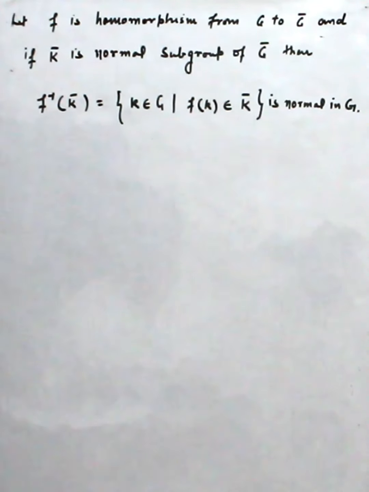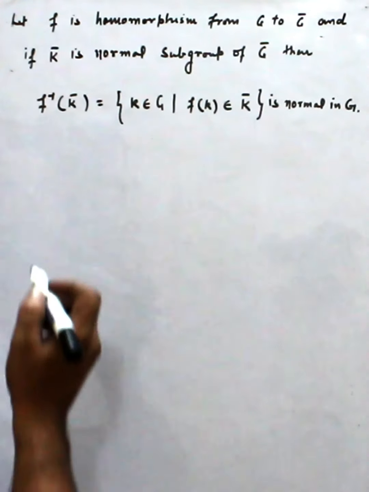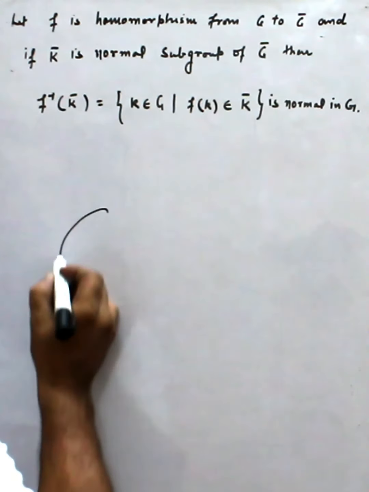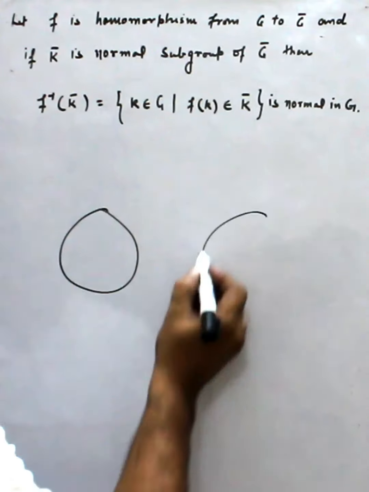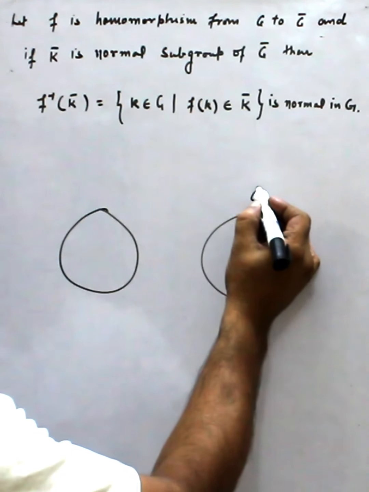Let f be a homomorphism from G to G bar, and if K bar is a normal subgroup of G bar, then f inverse of K bar is a normal subgroup of G. That means the situation is like this. This is G and this is G bar.